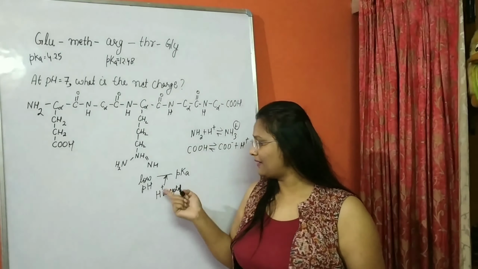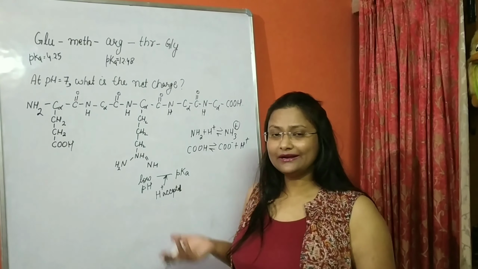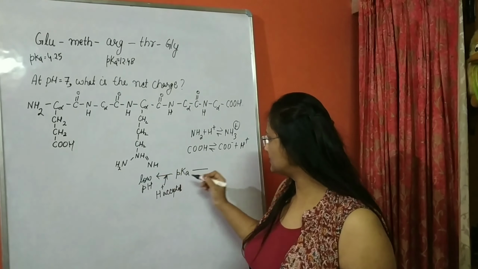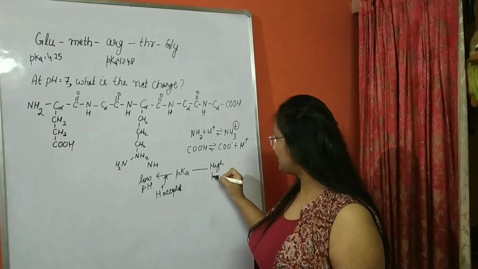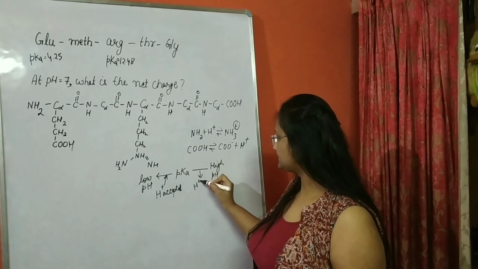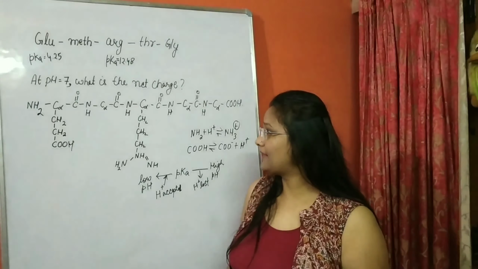Otherwise, if you can remember the rule, then well and good. There is no need to write it. But we tend to forget things, so it's always better to write the rule. When it is kept at high pH, above the pKa, then H plus is lost. Right? Now let us consider one by one.